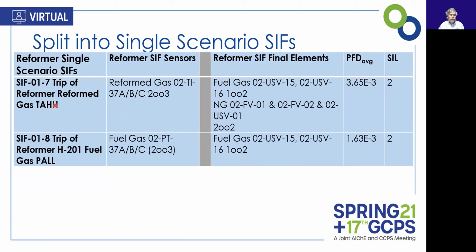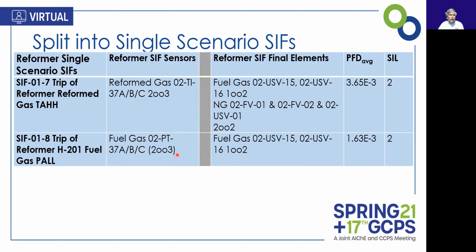Then we come to number 7, where we trip the reformer. We're concerned about a trip from high temperature of the reformed gas. And we measure that temperature, 2 out of 3 voting. We need to get the heat out of the system. So we trip the fuel gas, and here we show we're tripping the 2 shutdown valves as well as the natural gas to the catalyst.